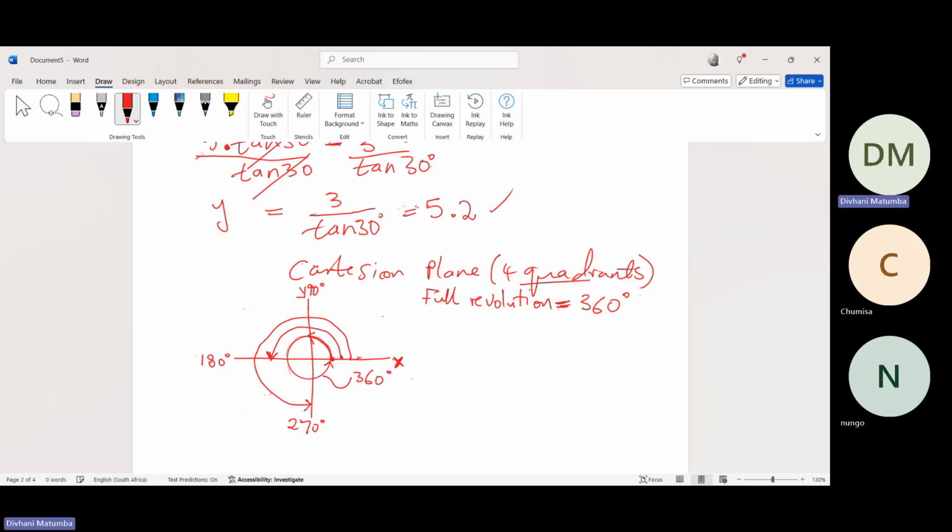Okay, let me say, if I draw a point there, and I say this is 3, 4.